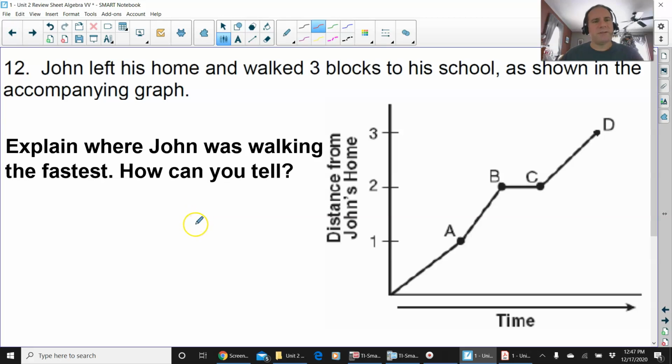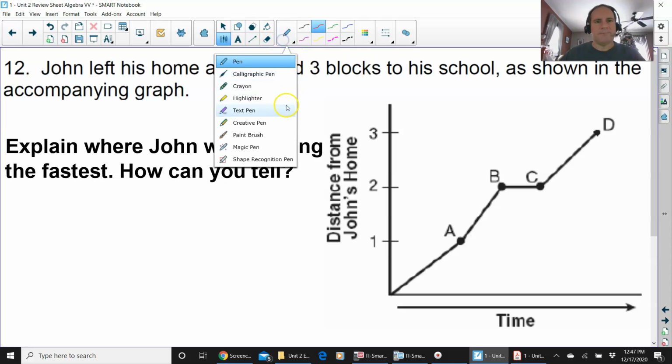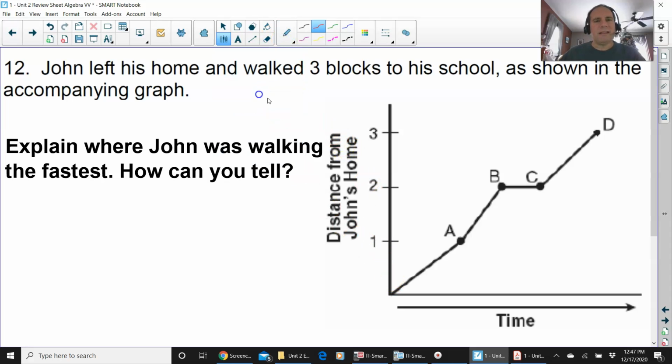Number 12, John left his home and walked 3 blocks to his school, as shown in the accompanying graph. Explain where John was walking the fastest and how can you tell? All right, the first thing you are going to look at is the y-axis and the x-axis, what they have labeled.